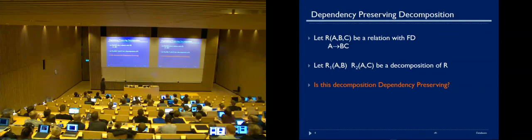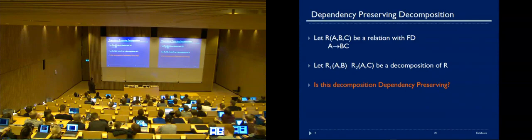Another possible argument is, okay, we have a dependency that we need to preserve. There is just one attribute on the left. So it just says that this attribute determines the two others. And fortunately, I have put this attribute with the one.